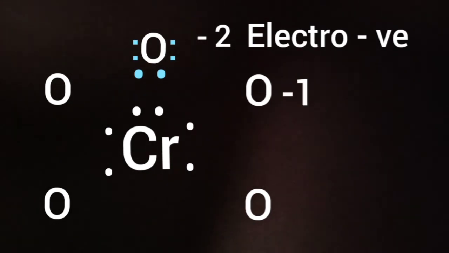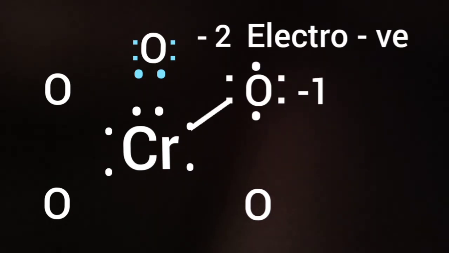In case of this oxygen, the oxidation number is -1. You see how? You see 2 electrons contributed by this oxygen to form 2 bonds, one with chromium and the other one with the oxygen atom connected by peroxide linkage.